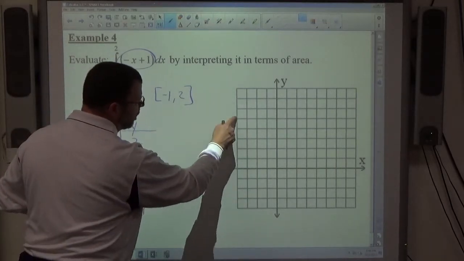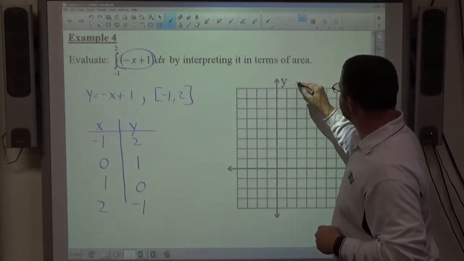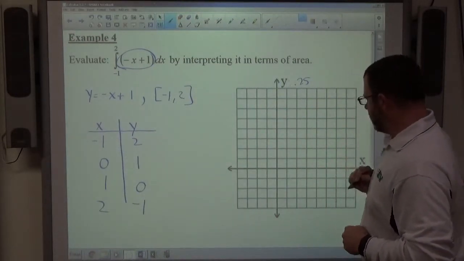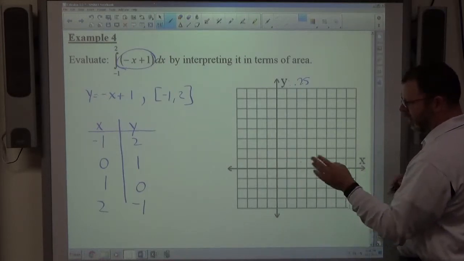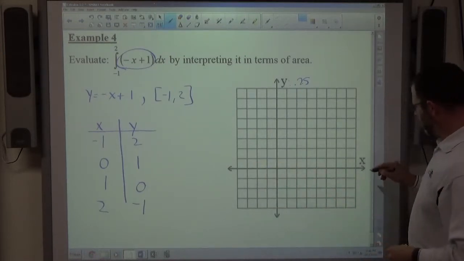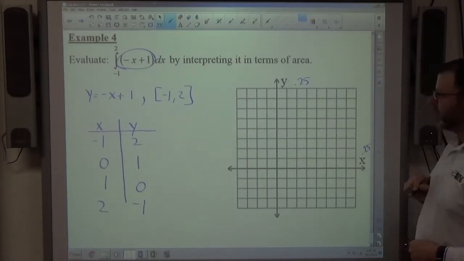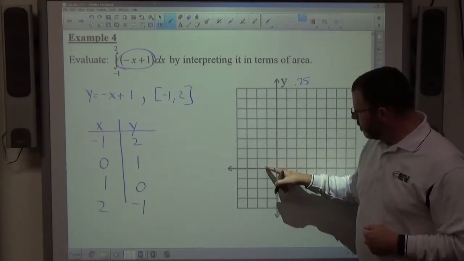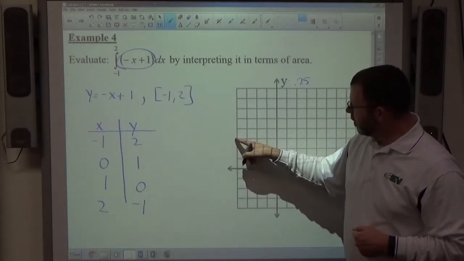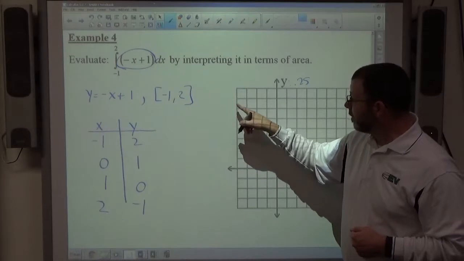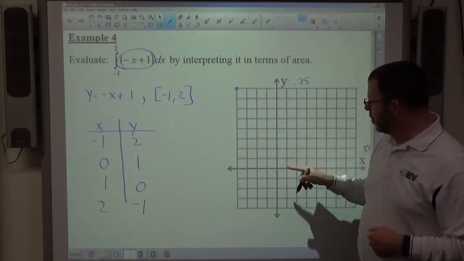1, 2, 3, 4, 5, 6, 7, 8. We actually go up to a 0.25 scale on the y-axis. And here's 2 and here's negative 1. Maybe a 0.25 scale on the x-axis would be legitimate also. So if we do that, there's negative 1 comma 2.